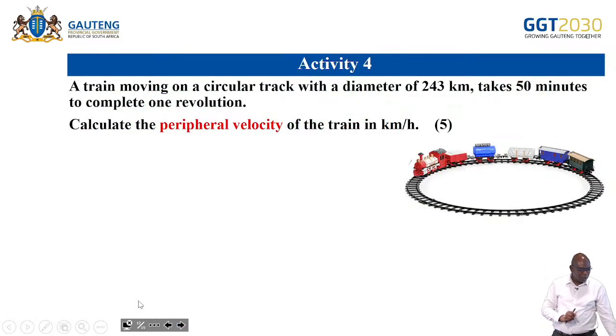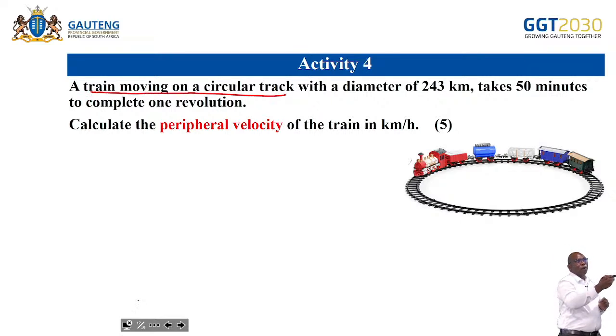Here's a very interesting question. It says a train moving on a circular track, with a diameter of 243 kilometers, takes 50 minutes to complete 1 revolution. By reading this question, you can see that this should be a very fast train, a bullet train.